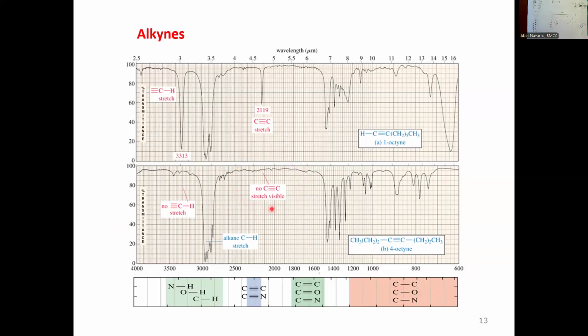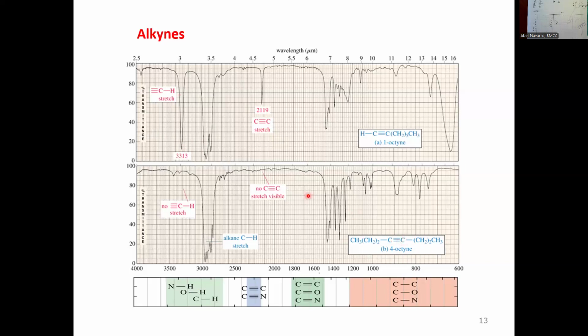Remember that I was telling you that you only see peaks when the molecule is polar. This molecule is symmetrical. You guys have 3 carbons on the right and 3 carbons on the left. Therefore, this particular triple bond is symmetrical. Therefore, it will be IR inactive.